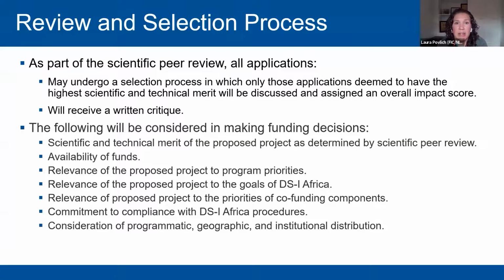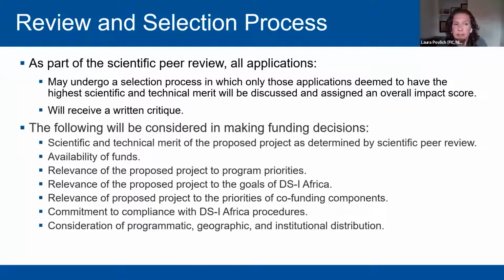In considering the funding of applications, NIH strongly uses this NIH scientific peer review in assessing the applications, and also considers the availability of funds, the relevance of proposed projects to program priorities, the relevance of proposed projects to the goals of DSI Africa, the relevance of the proposed project to the priorities of co-funding, so other institutes or centers, the commitment to compliance with DSI Africa procedures, and the consideration of programmatic, geographic, and institutional distribution.